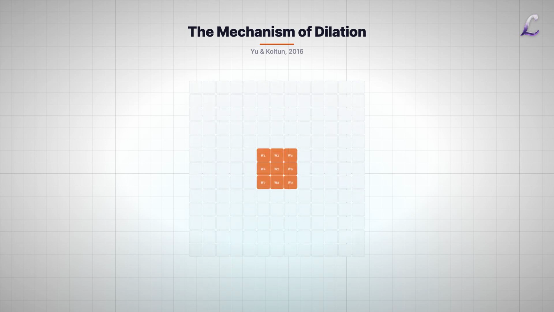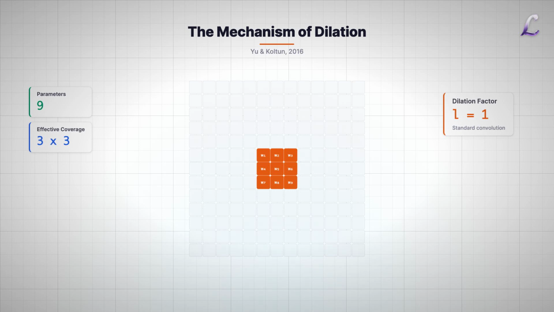A standard discrete convolution uses a filter, say 3 by 3, and slides it over adjacent pixels. This is a dilation factor of 1. But the authors modify the operator. They introduce a dilation factor, L. If we set L to 2, we still use a 3 by 3 filter, but we insert gaps. We skip every other pixel.